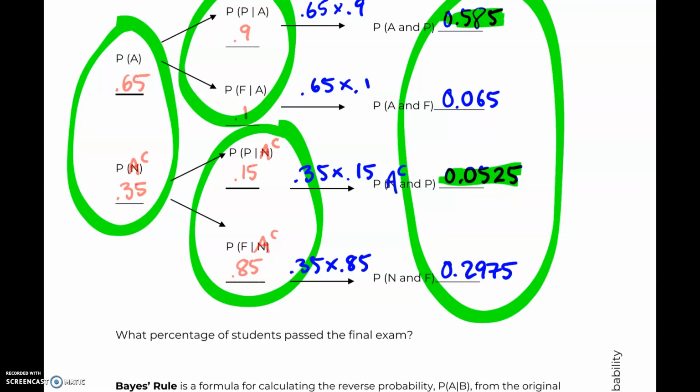Again, you can use whatever letters you want, but that's kind of how I had it set up over here. So what percentage altogether passed the final exam? Well, the probability of passing is really the probability of attending and passing, or the probability of not attending and passing. So we can add these two probabilities to get the total probability of passing, for a total probability of 0.6375.